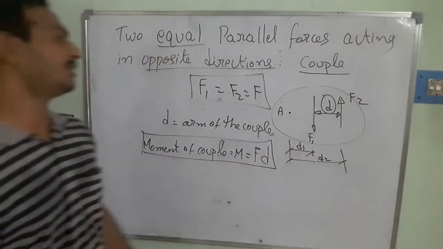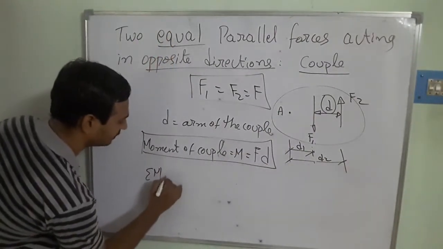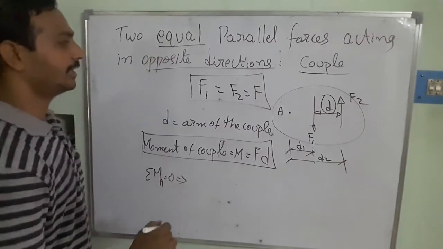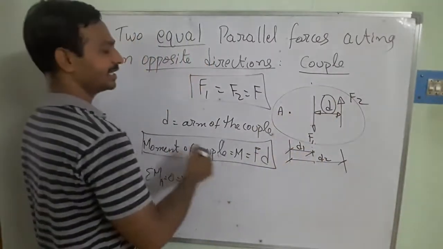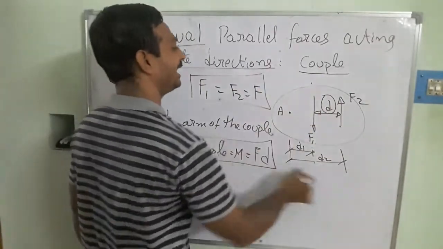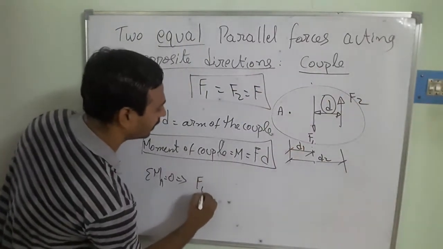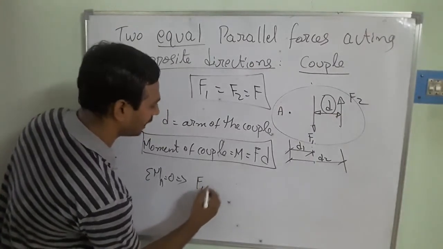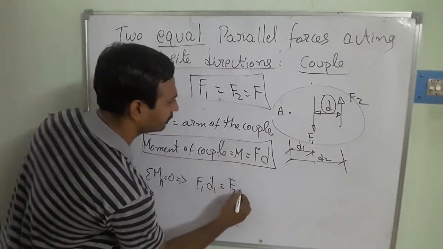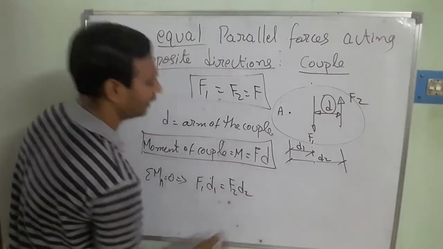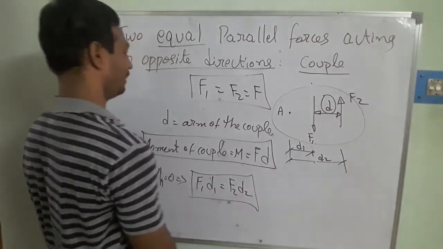If I take moments at A, the algebraic sum of moments at A is equal to 0, suppose. So what forces do we have? This force acts in the clockwise direction and this one acts in the anti-clockwise direction. So that is F1 in the clockwise direction with distance D1, and F2 with distance D2.